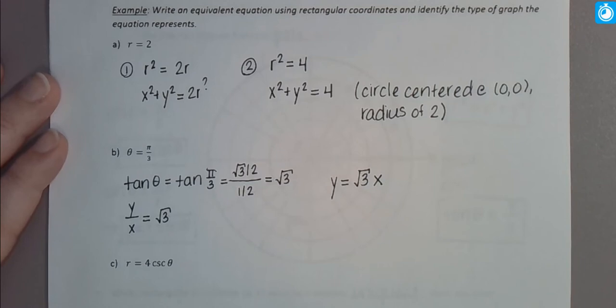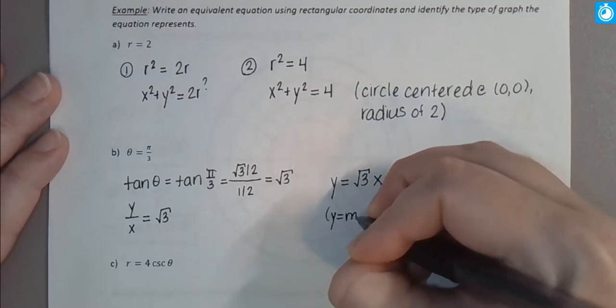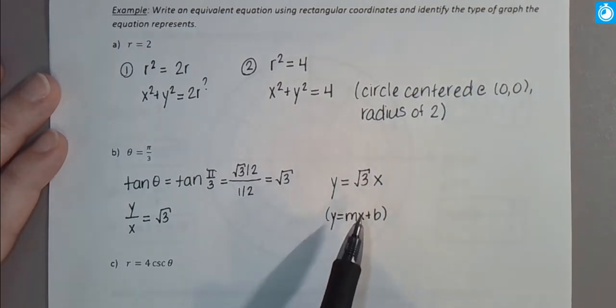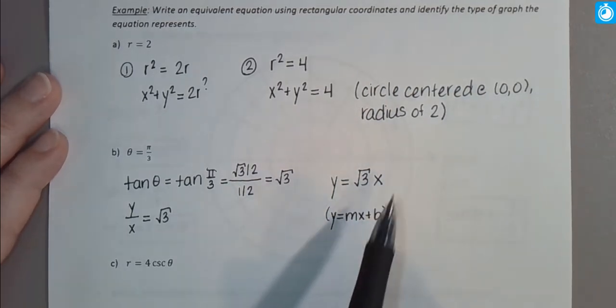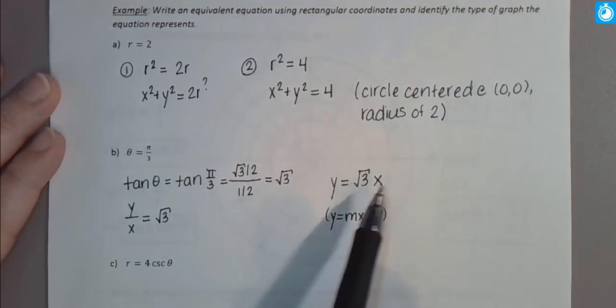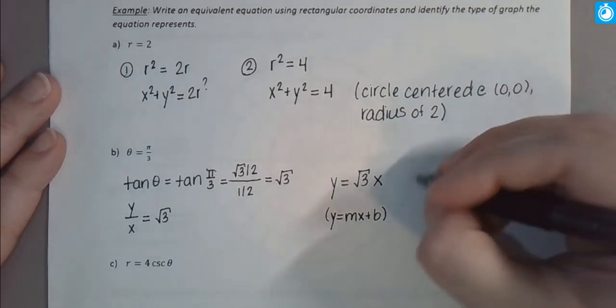Well, this is a linear equation, so this would be a diagonal line. Think of this as something of the form y equals mx plus b, which it is. So m in this case is square root of 3. Now we don't see a number added on at the end, so automatically that means b, our y-intercept for this line, would be 0. In other words, we pass through the origin.